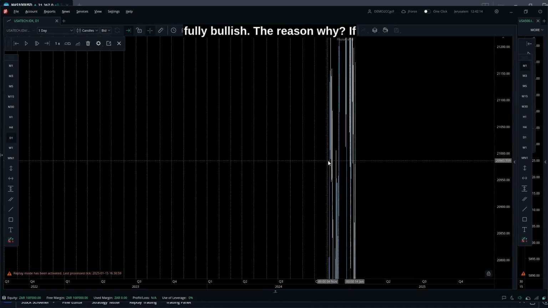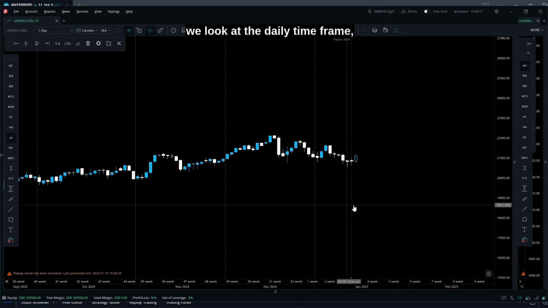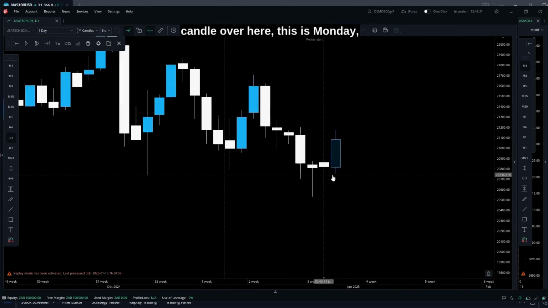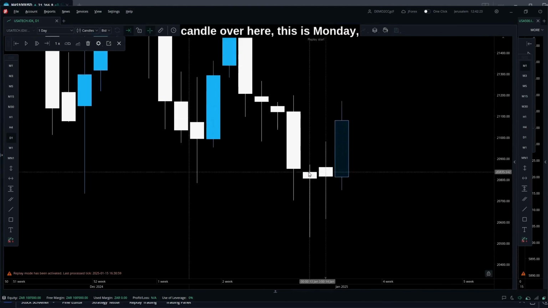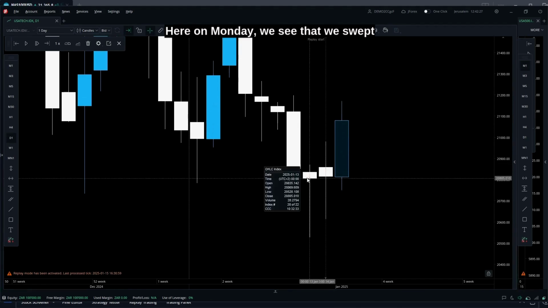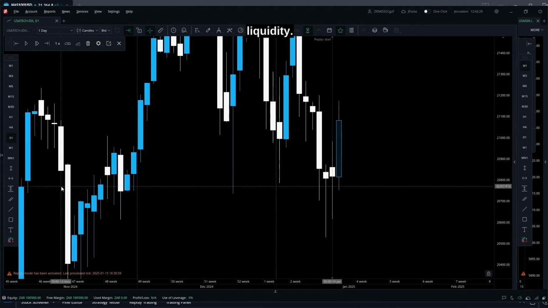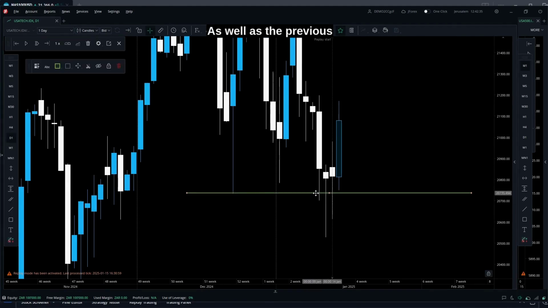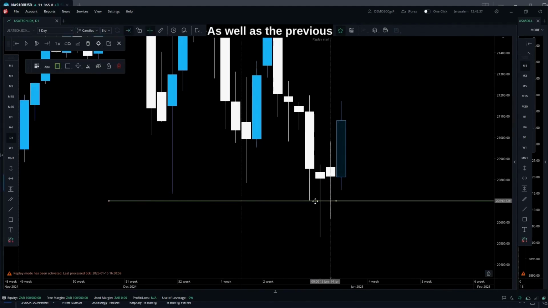The reason why, if we look at the daily time frame, we see that this candle over here is Monday, this is Tuesday, this is Wednesday. Here on Monday, we see that we swept liquidity. All this liquidity here, as well as the previous day here.